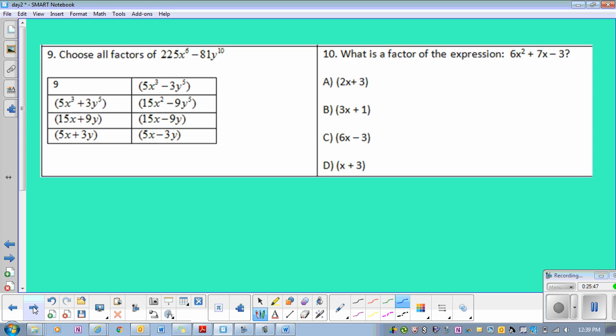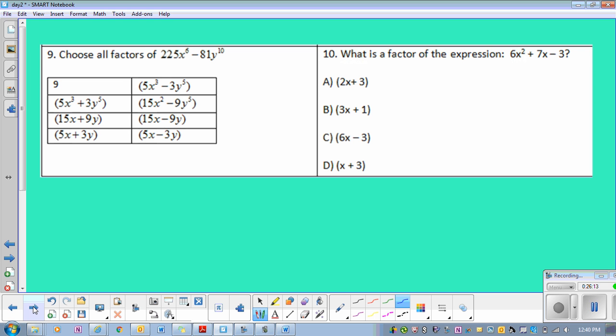All right, number 9, choose all of the factors of 225x to the 6 minus 81y to the 10th. I really like this problem because this is very representative of the type of problems that you might get on the SOLs. 225 and 81, do they have a GCF? Yeah. What is it? 3.